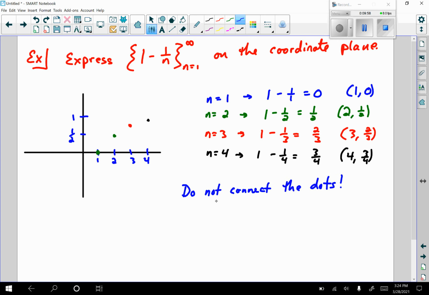We are not looking at any values in between, just these. So as we keep moving over further and further as n increases, our values are going to gradually get closer and closer to this horizontal asymptote right here. So the values are getting closer and closer to 1. It's just another observation to make.